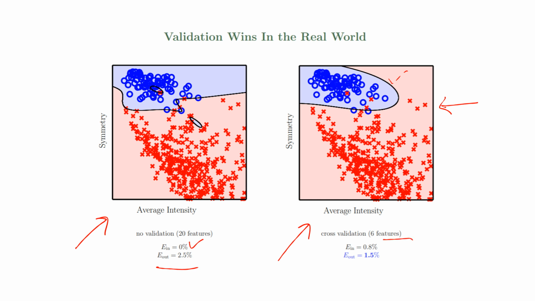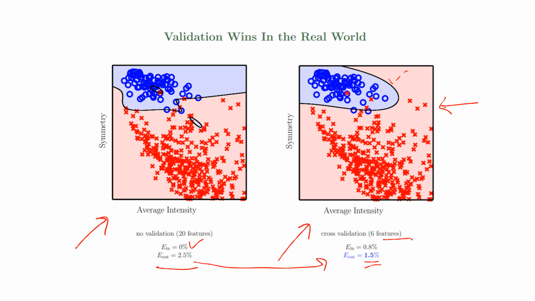But we knew that the ECV is the lowest there, and so that's what we selected. E out is, as it's extremely good, I would say, compared to the E out that we are getting with the 20 features model, which was expected again because a lot of overfitting is happening.